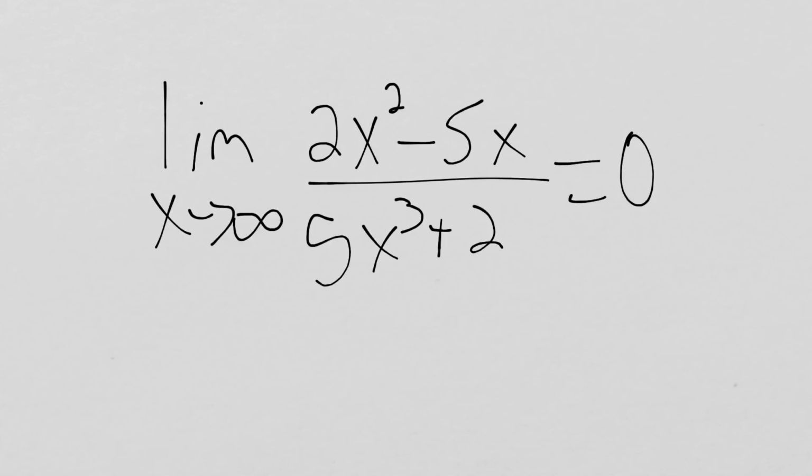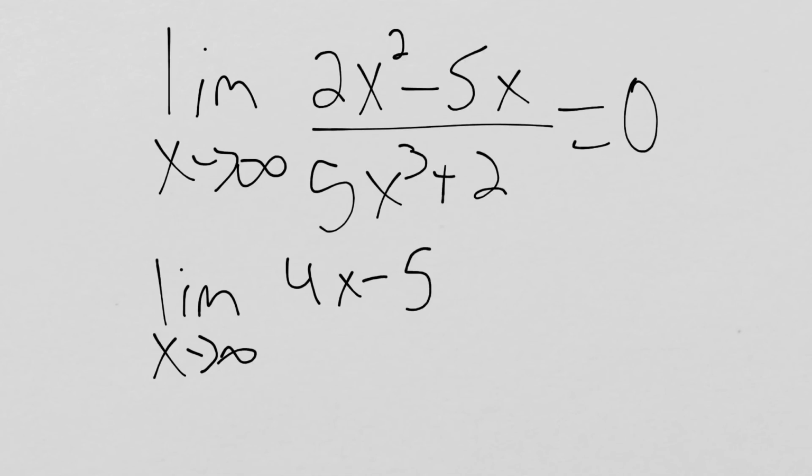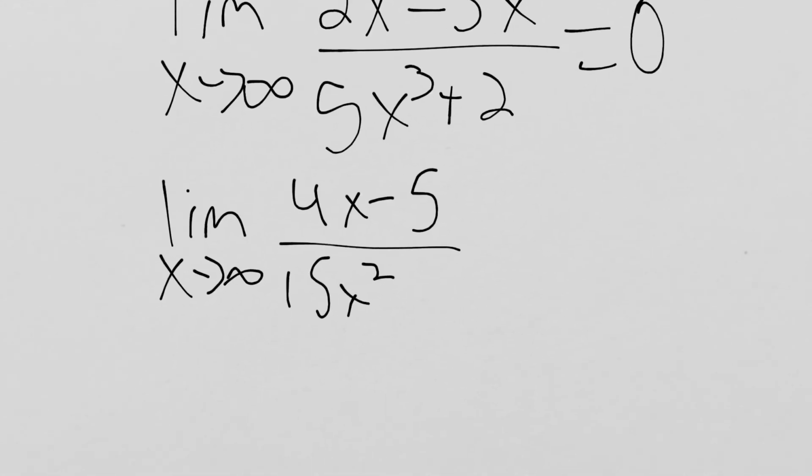But if those rules are still kind of confusing for you, L'Hopital's rule comes into play here too. So we can just take the derivative of the numerator and the denominator until we get what we want. So the derivative of 2x squared is 4x, minus the derivative of 5x is 5, over 15x squared plus 0. Okay, if we plug in infinity, we're still going to get infinity over infinity. So let's try again.